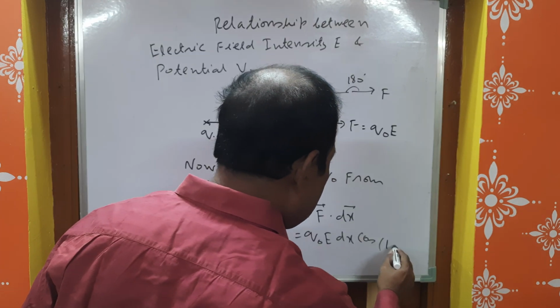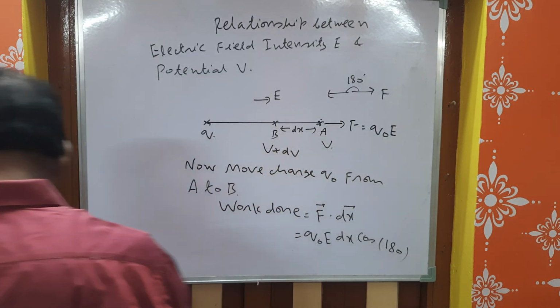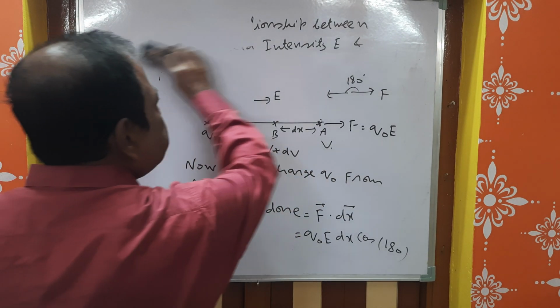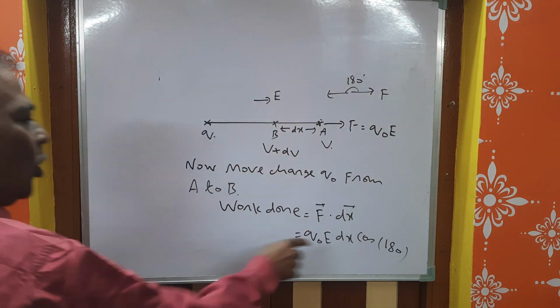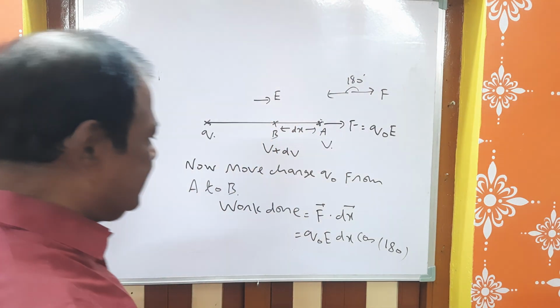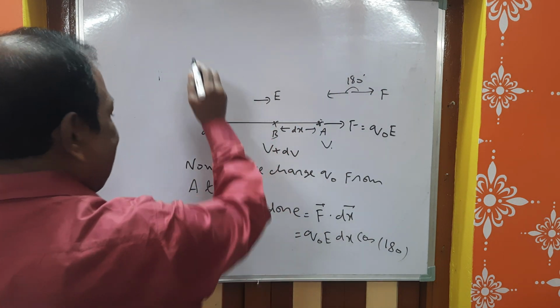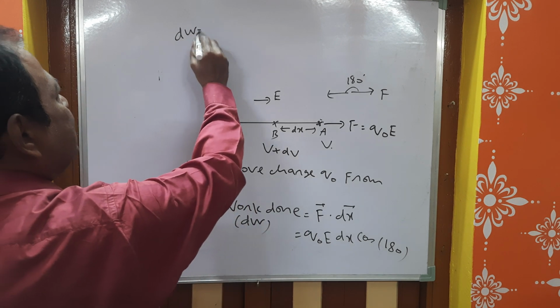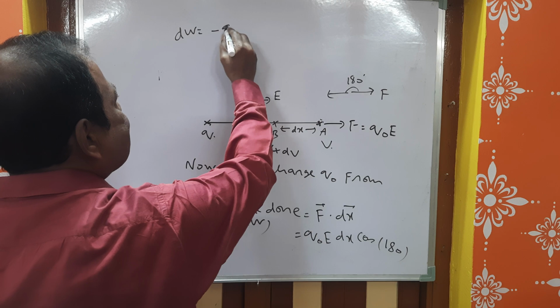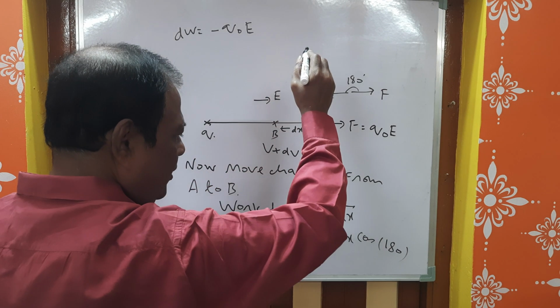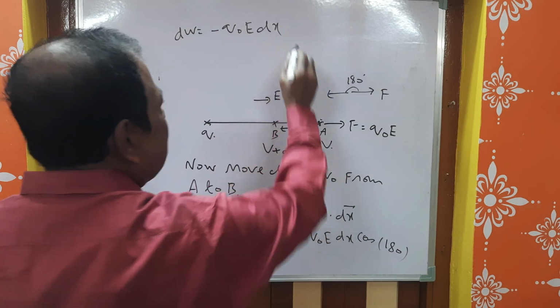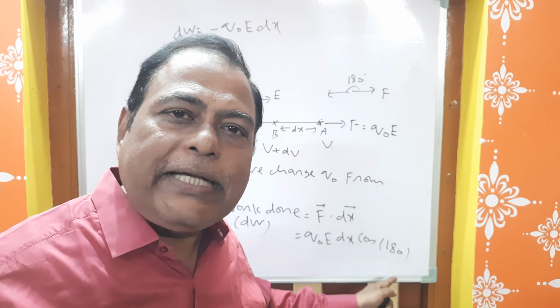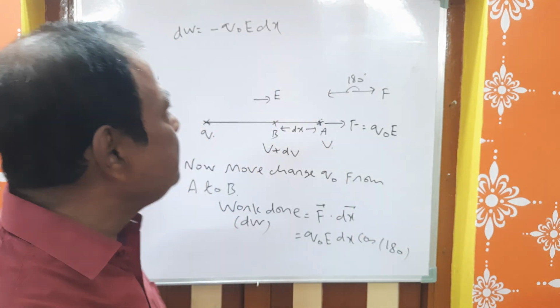So cos 180 is minus 1. So write down the work done as dW. So dW is equal to minus Q0 E dx. Why minus sign? Cos 180 value is minus 1. Okay.